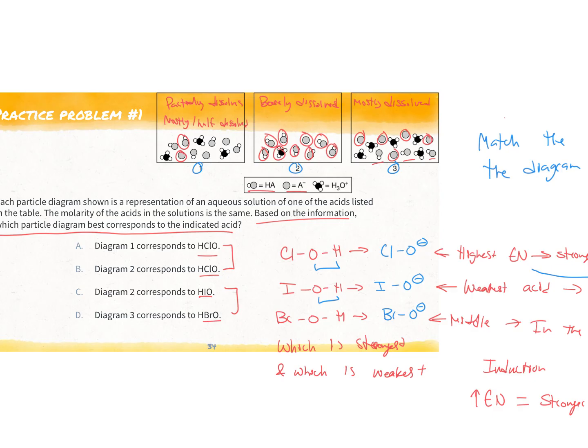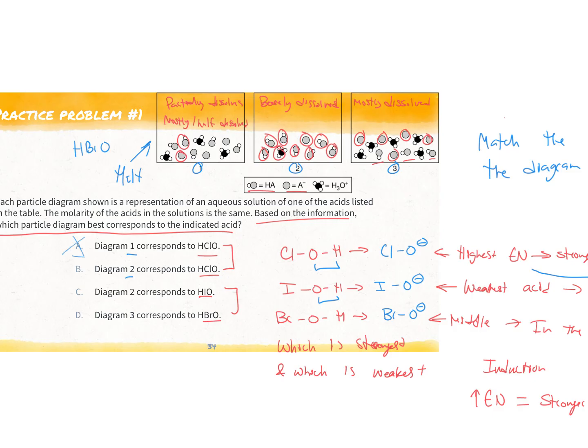HIO should be the least dissolved, and HBrO should be in the middle. So let's go through each choice and see if it actually makes any sense. So choice A says diagram 1 corresponds to HClO. If we look at diagram 1, this one's half. So this one should be HBrO because it's halfway, just like how HBrO is in the middle of these 3. So A can't be our answer.